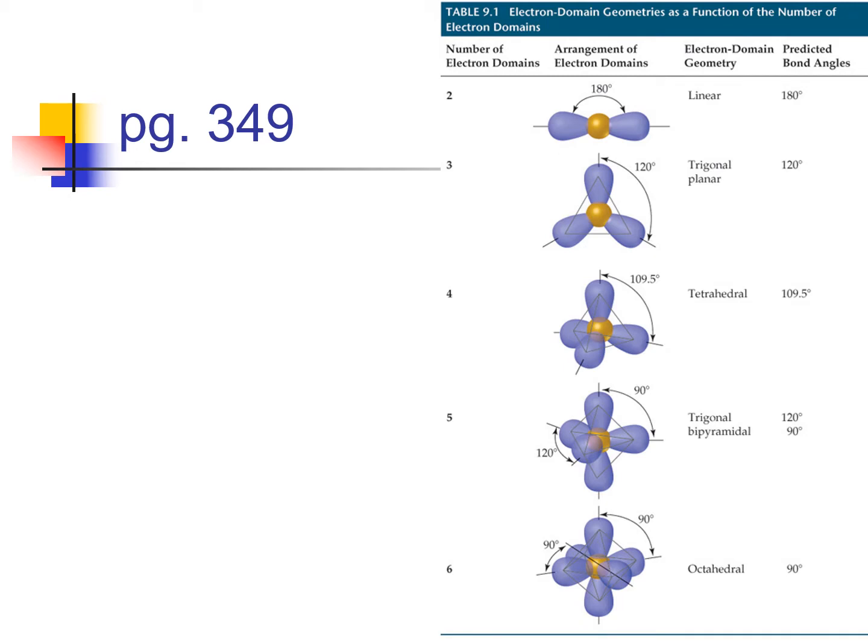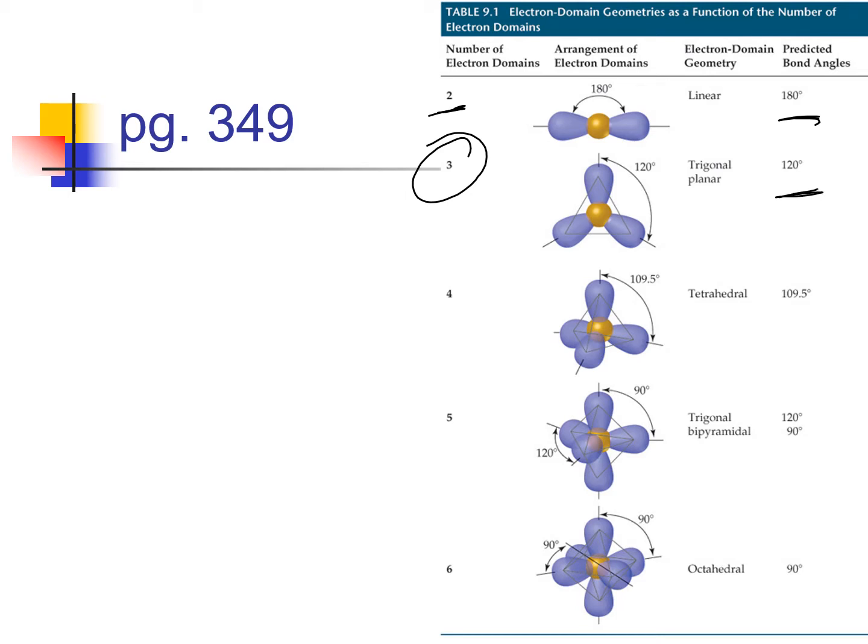What we see here on this page are electron domain geometries. If there are 2 electron domains, it doesn't matter what type, they will be 180 degrees from one another, and we call that arrangement linear. If there are 3 electron domains, they separate out by 120 degrees, and we call that trigonal planar.